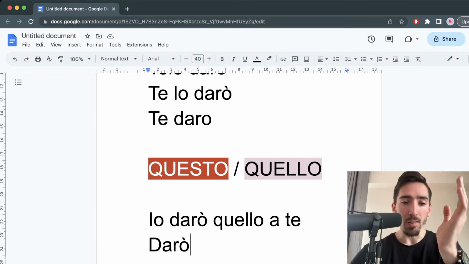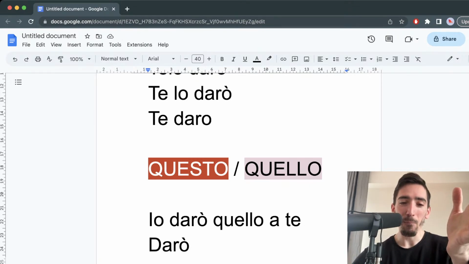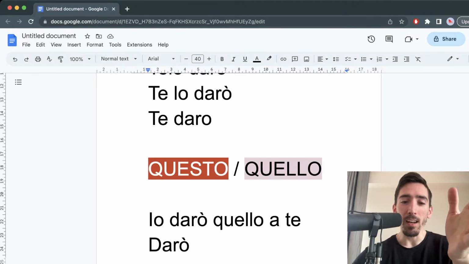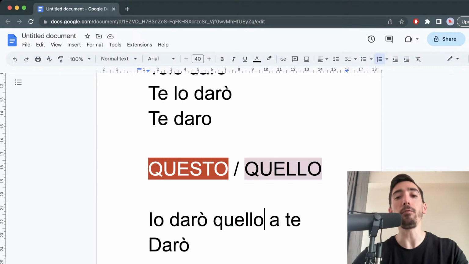What happens is, in Italian you have strong form and weak form. And I know I bang on about this forever in the courses we do for a reason. It's because it's in every Italian sentence. Strong form, weak form. What does that mean? Darò quello is very rare.